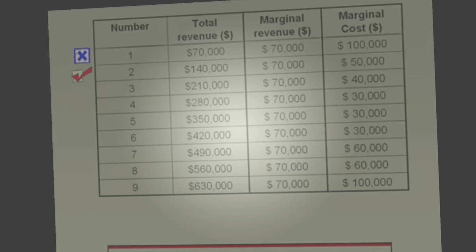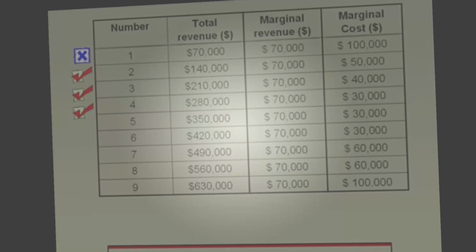It could work because the incremental revenue is 70,000. The incremental cost is 50,000. So the revenue is greater than cost. 3 units could work. Marginal revenue greater than marginal cost.